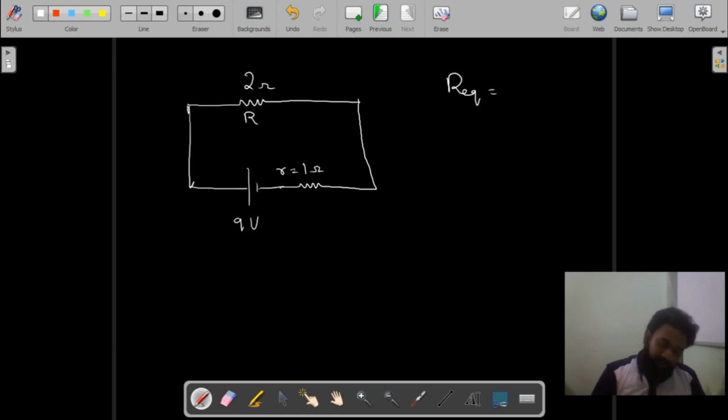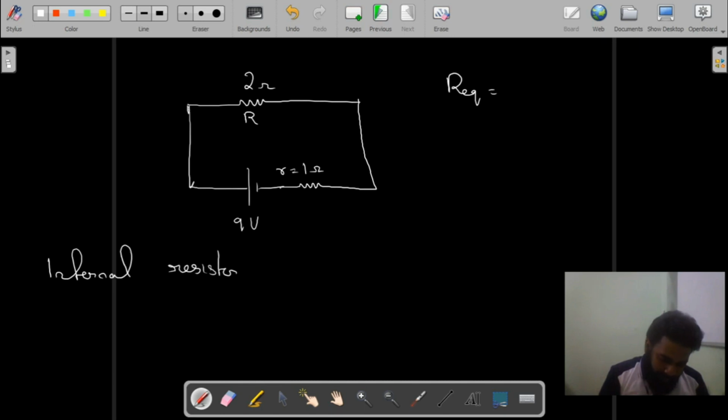One thing is that internal resistance is always in series with the external circuit.